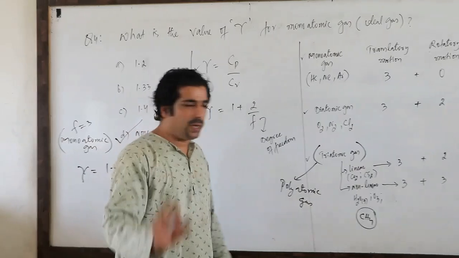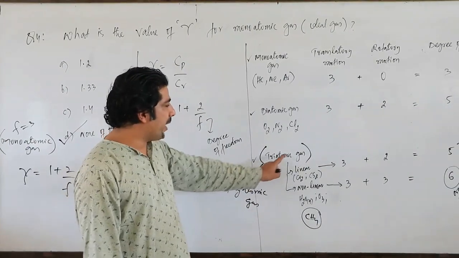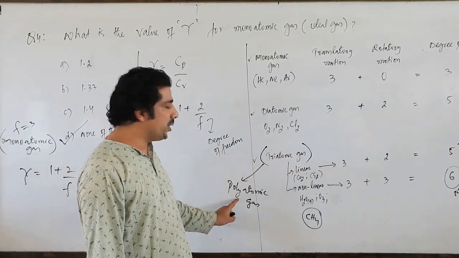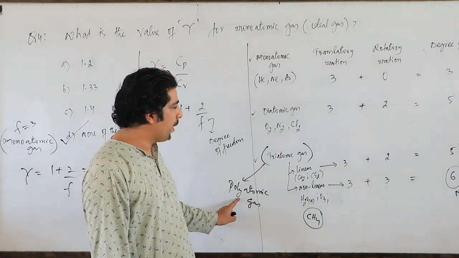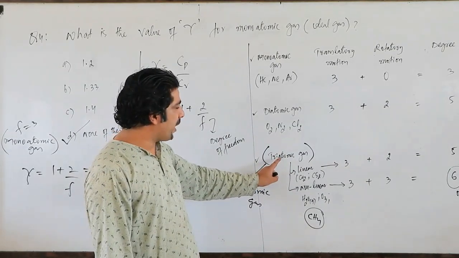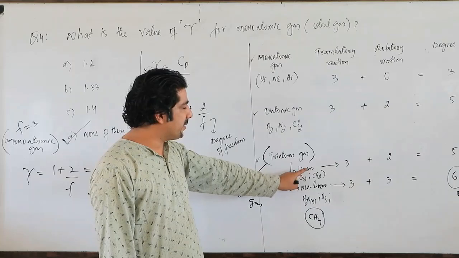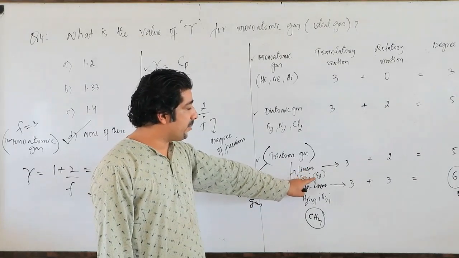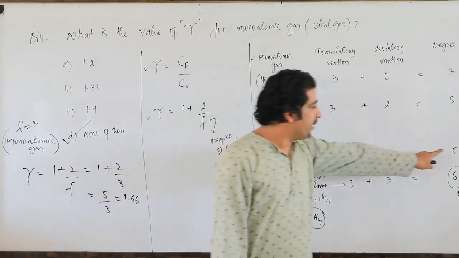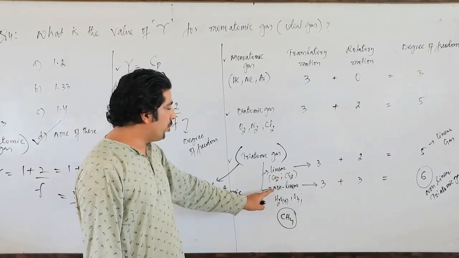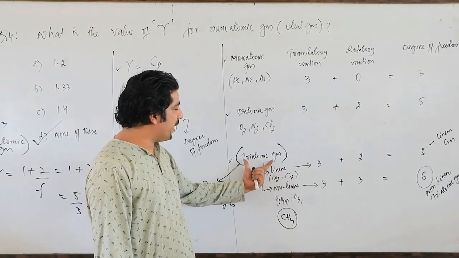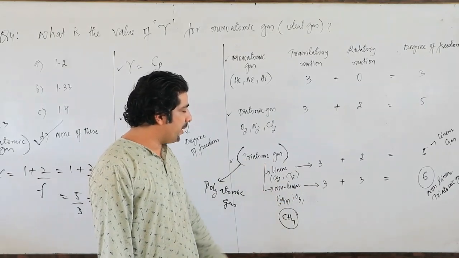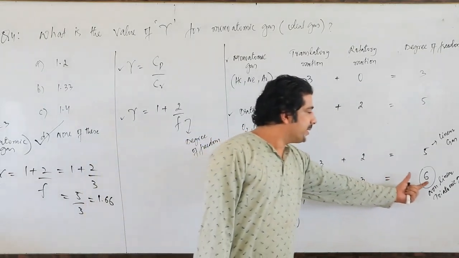And one more thing I would like to tell you here. A triatomic gas is also called a polyatomic gas. In triatomic gas, you can have linear gas or non-linear. If you have a linear gas like carbon dioxide and carbon disulfide, then degree of freedom will be 5. But if you have a non-linear gas, in triatomic gas I am talking about H2O and O3, the degree of freedom will be 6.